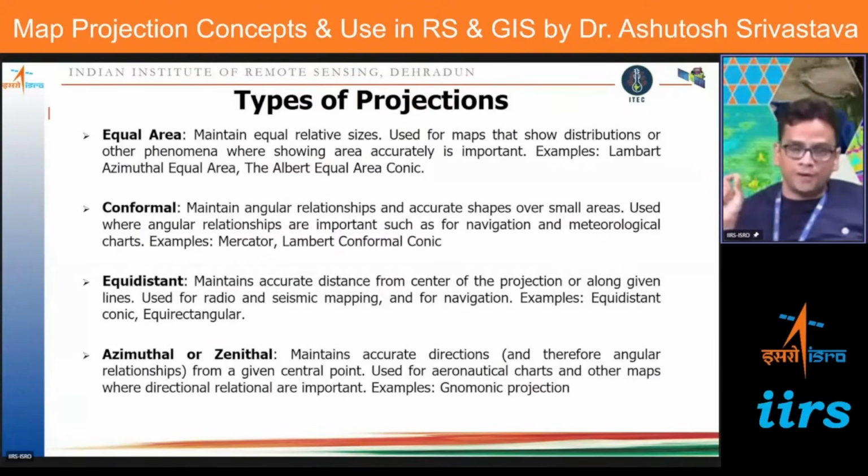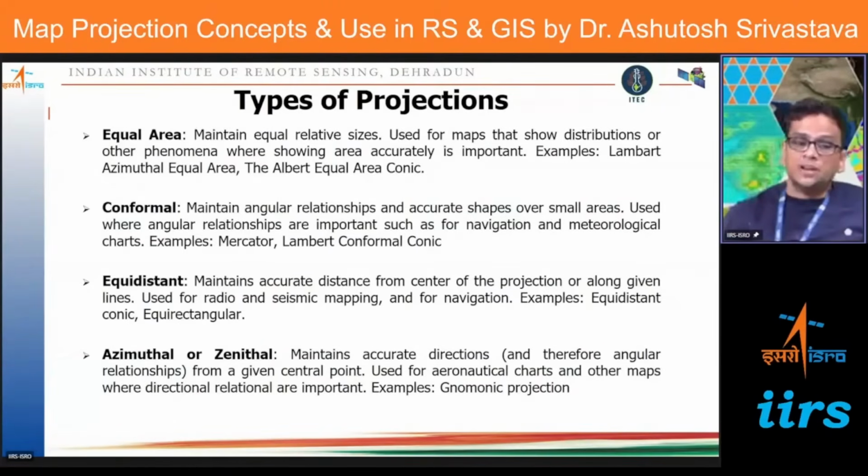When generating these maps, there are certain things we need to keep in mind. As per our different objectives we can select a map projection, but there are certain properties which can be preserved and certain properties which cannot be preserved.